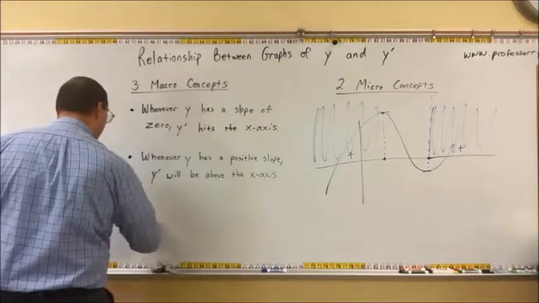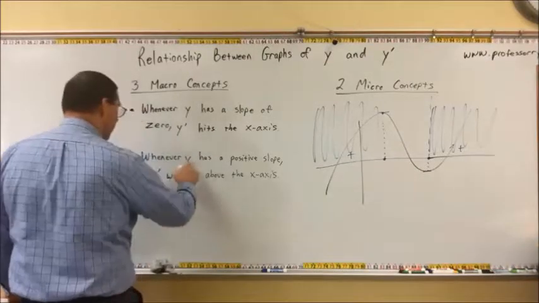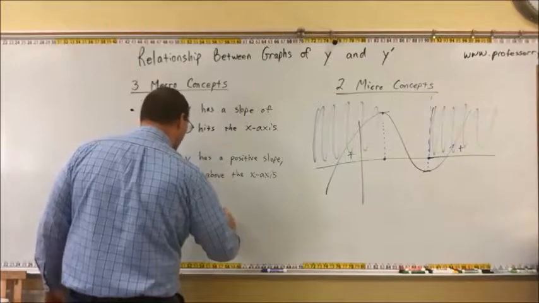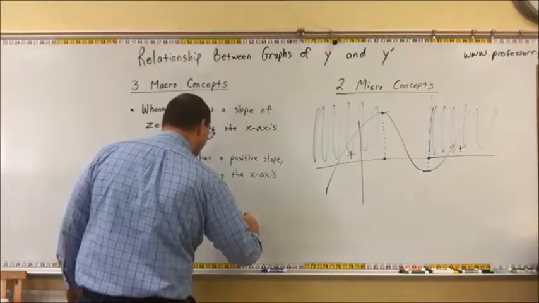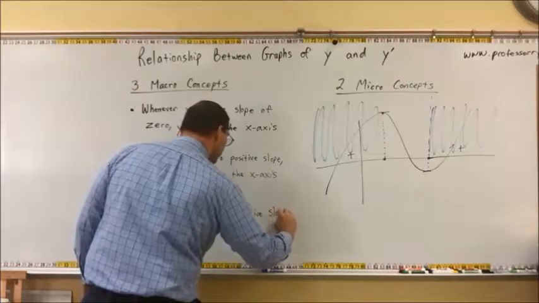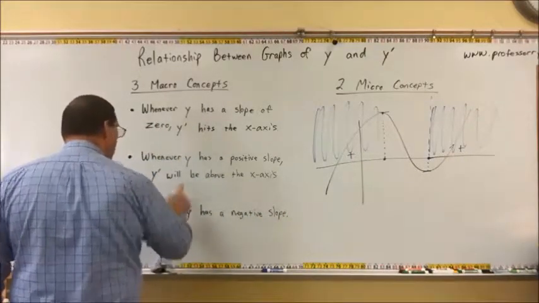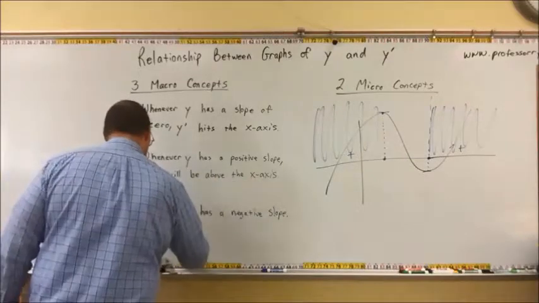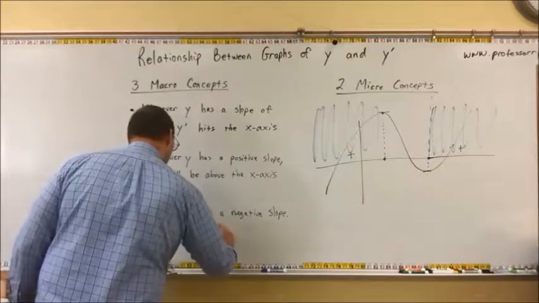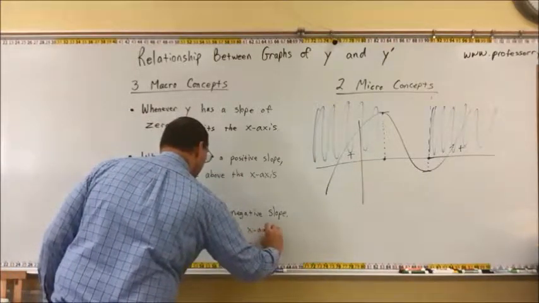Above the x-axis. Last macro concept, hopefully you saw this coming. Whenever the graph of y has a negative slope, the graph of y prime will be below the x-axis.